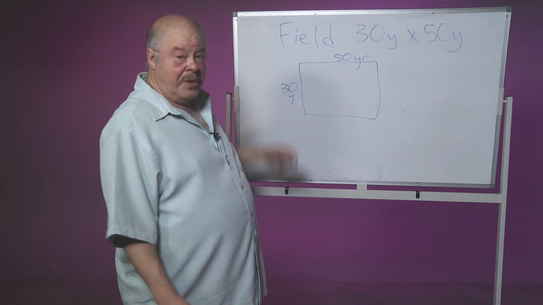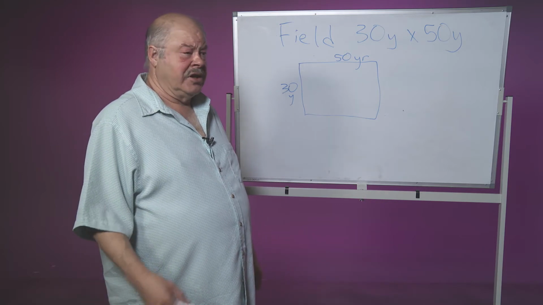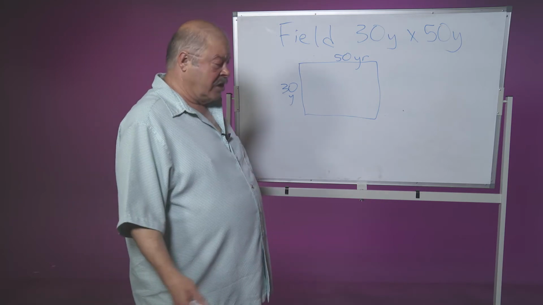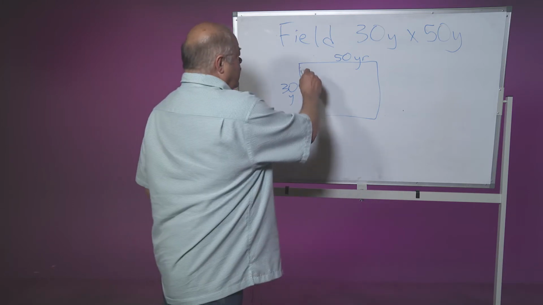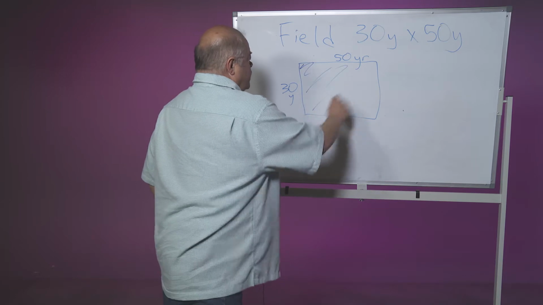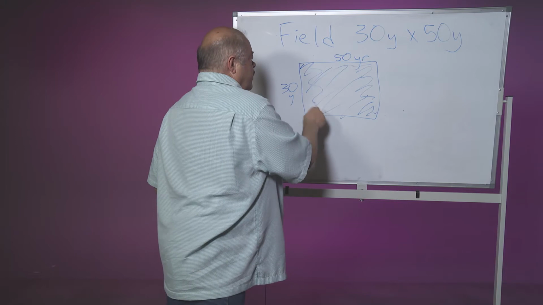That is the perimeter. The fancy word for perimeter in a circle is called a circumference. And the area is this volume, this amount here that I've shaded.